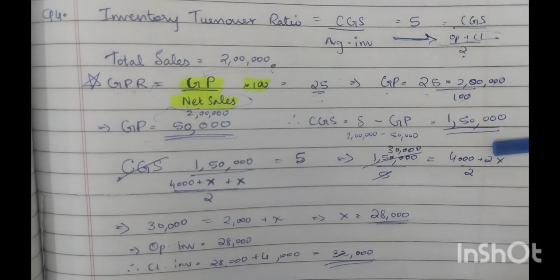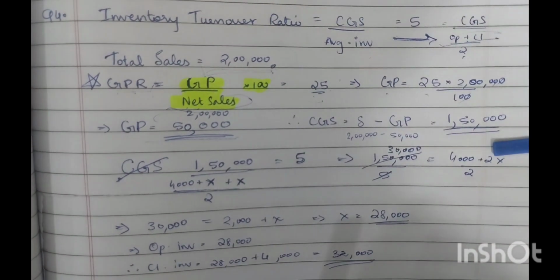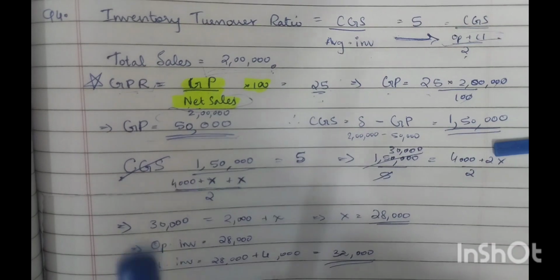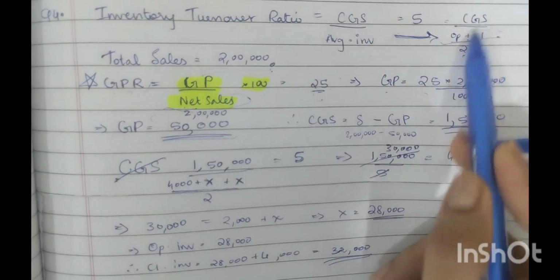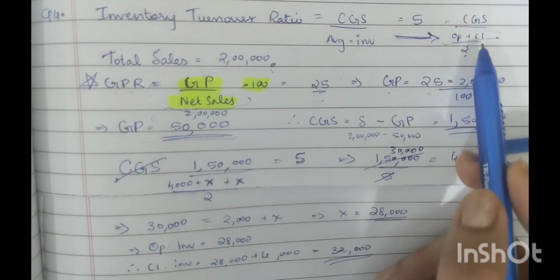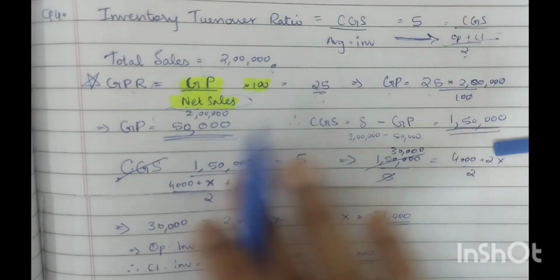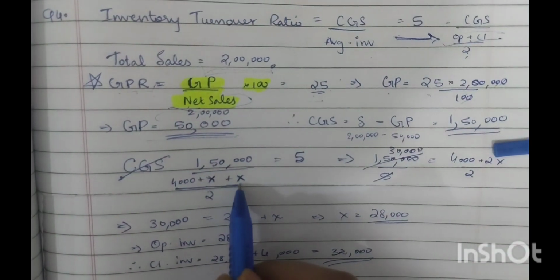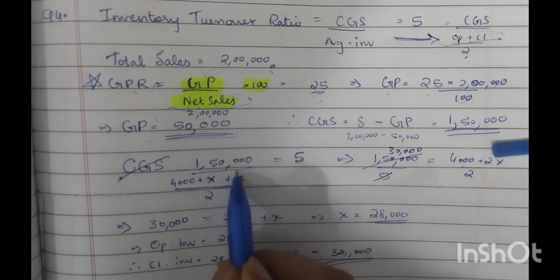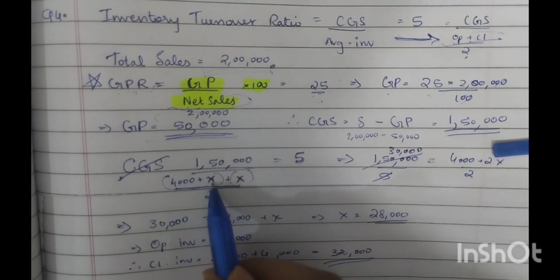So they both are related in a manner. They've told us that closing inventory is more than opening inventory by 4,000. So if we take opening inventory to be X, then closing inventory will be X plus 4,000.